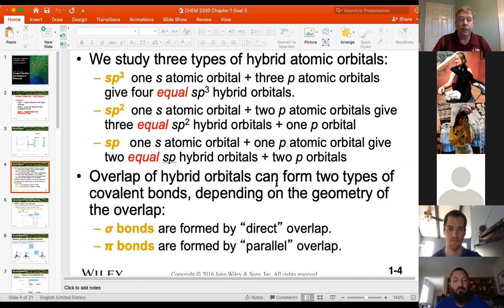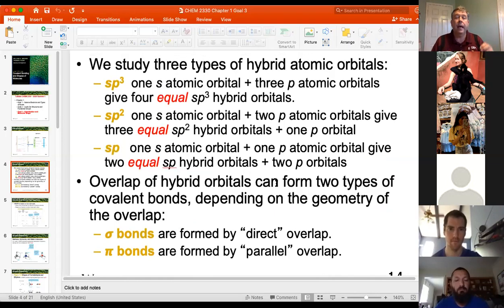When we look at just the sp3 orbitals, we're taking the s and all 3 p's and blending them together to make 4 equal orbitals, which means it's going to bond 4 equal times.